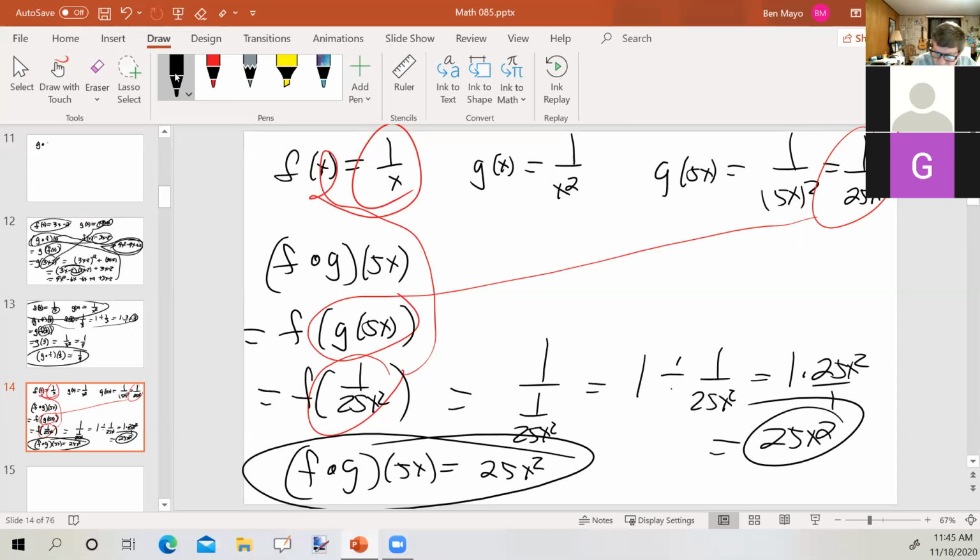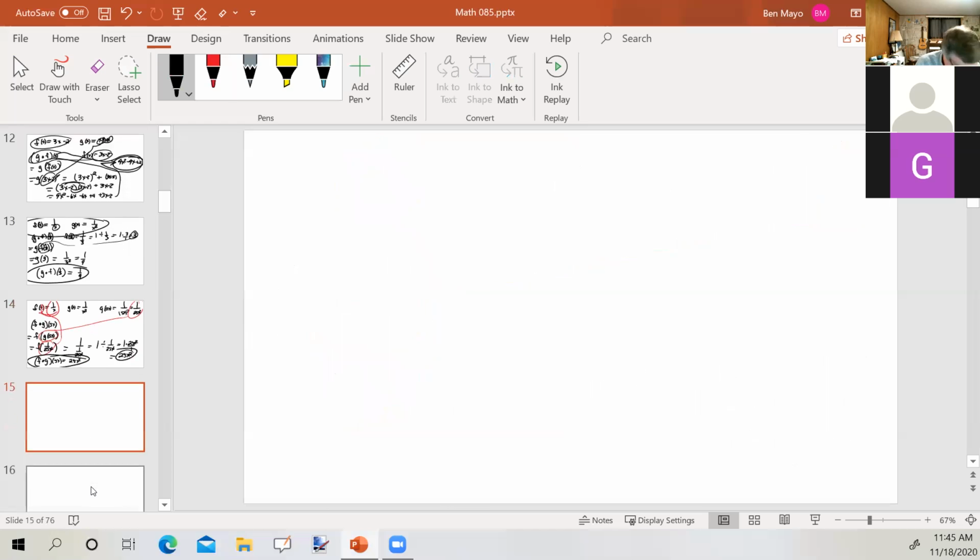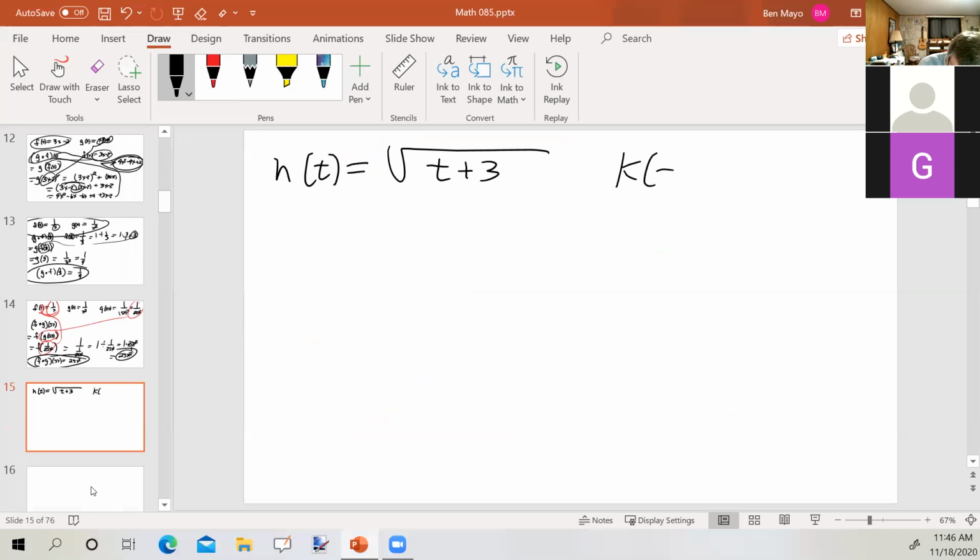All righty. Going on. Let's have h of t equals the square root of t plus 3, and k of t equals t minus 5.